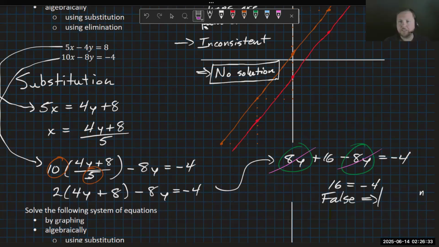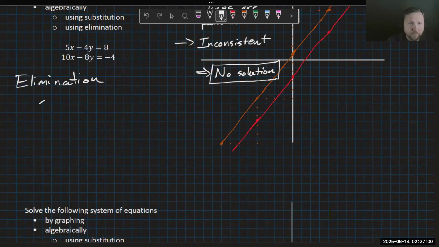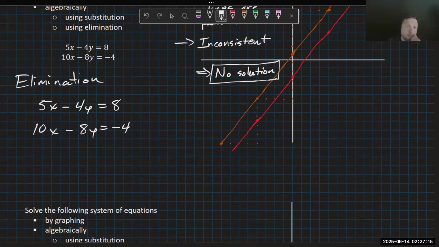Next, elimination. The idea is to do something to one equation that's going to cause one of the variables to cancel out when I add them both together.